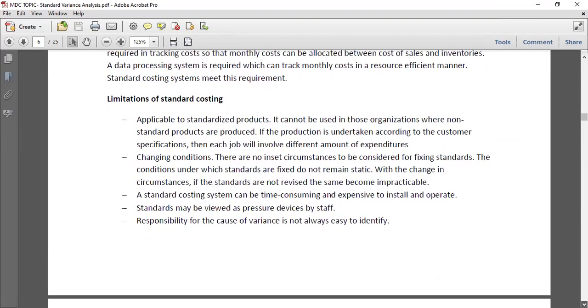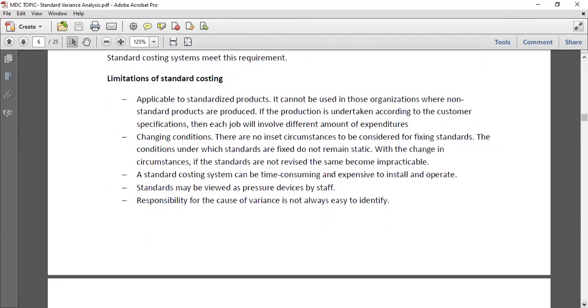So standard costing has limitations, just like the way we had, remember we just looked at the problems with standard costing, okay? So you could also add limitations here. And as you can see, the process itself is time consuming, okay? We also have changing conditions. So today you set a standard and say my standard price of a kilo of wheat flour is, let's say, maybe 8,000.